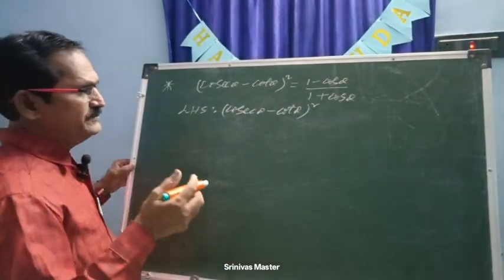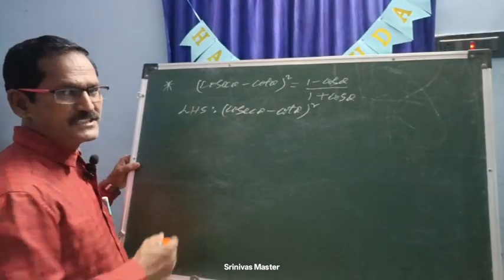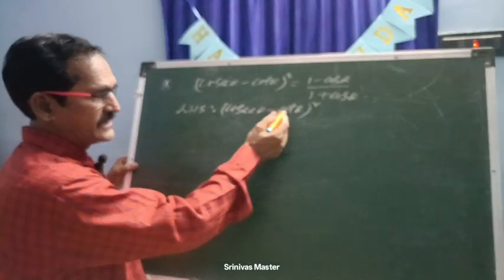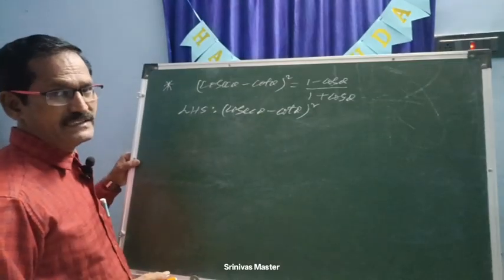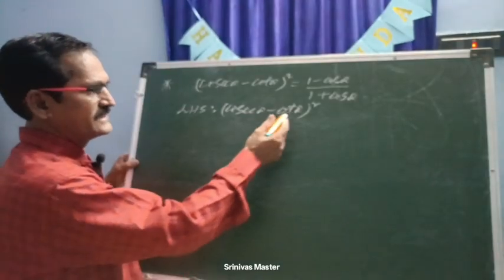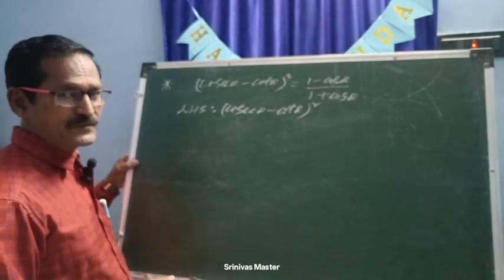I told you in the previous video, cosec is the reciprocal of sine, sine is the reciprocal of cosec, and cot theta is the reciprocal of tan, and tan is the reciprocal of cot. Also we can write cot theta in terms of cos and sine, that means cot theta is the ratio of cos and sine.